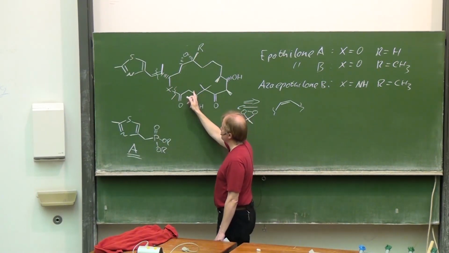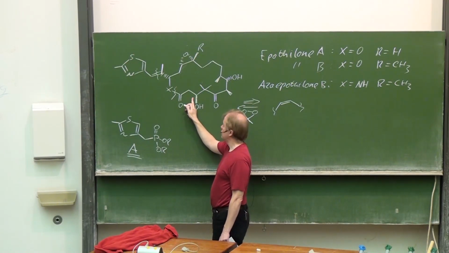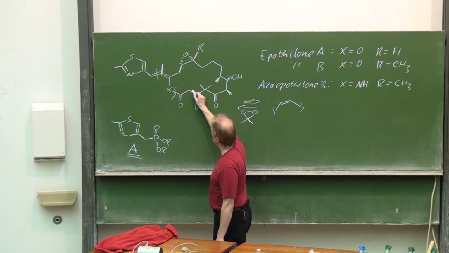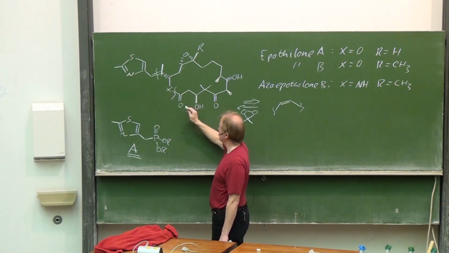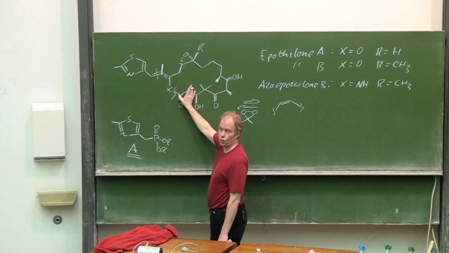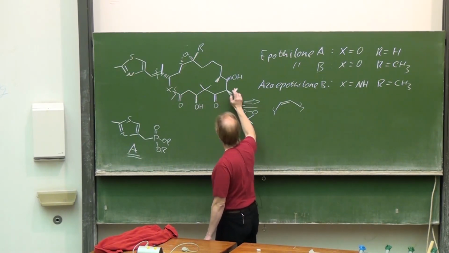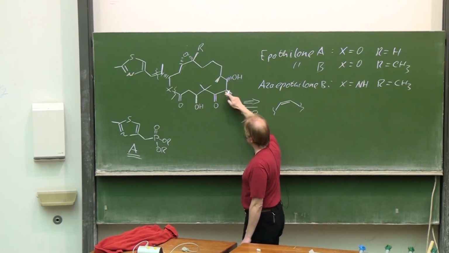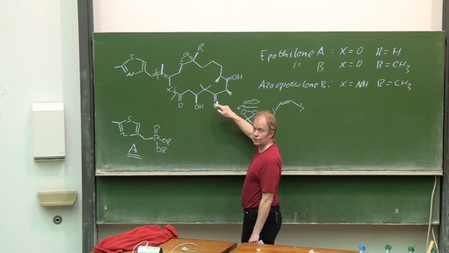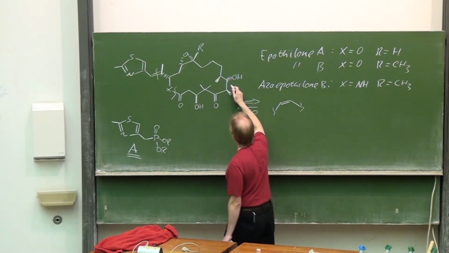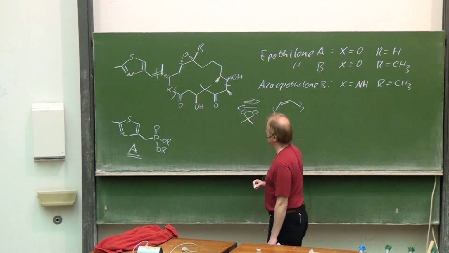We have a strategic bond there. This is formed by an aldol addition reaction, for instance, but we don't want to disconnect here now because this is such a small piece, it doesn't make sense. On the other hand, here we also have an aldol addition setup, so we can disconnect there.